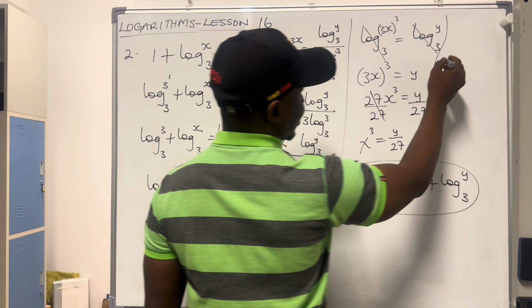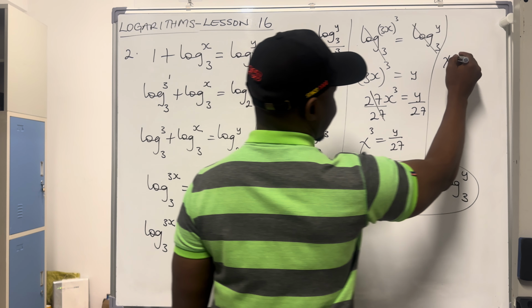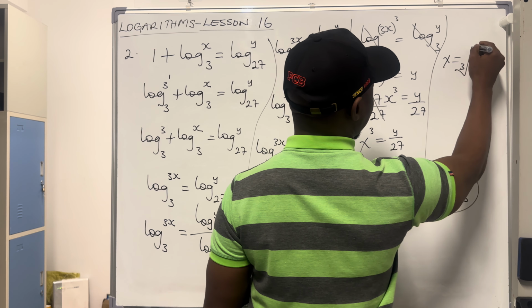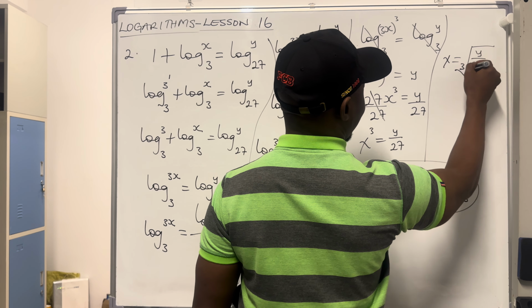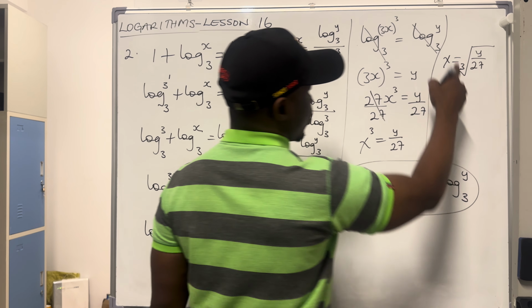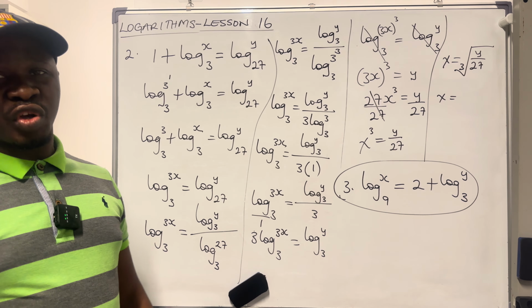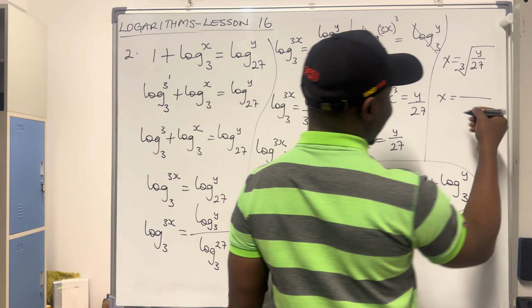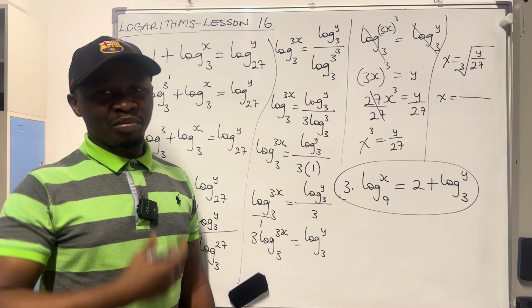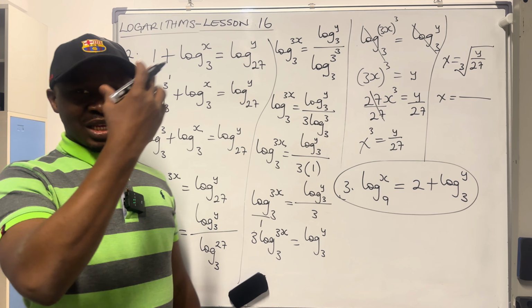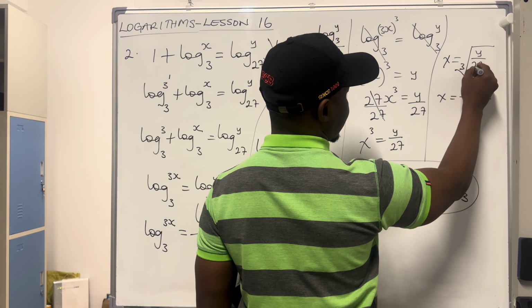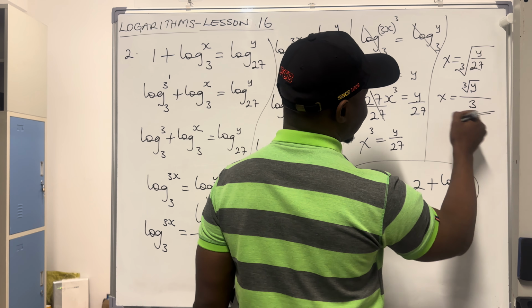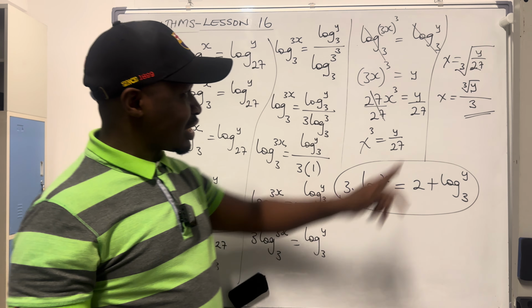So in that case, we ignore the cube, then the other side becomes the cube root of y over 27. y cannot give us a single value for cube root, but 27 can give us a single value. So the one that cannot give us a single value for cube root remains a cube root. So say cube root of y. How about cube root of 27? It is 3. So this is expressing x in terms of y without involving logarithm.